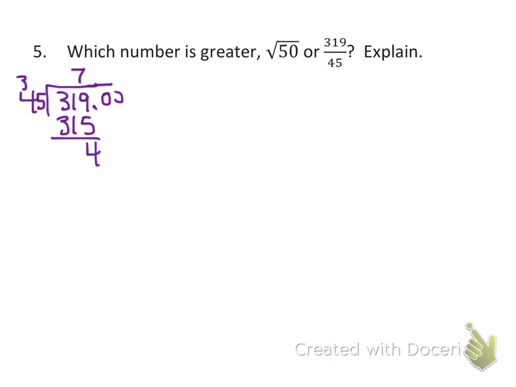I carry out this decimal. My next digit's going to be 0 because there's no 45s in 40. So the digit after that is less than 10. We'll try 8. Now I know this is either going to come out even at some point or repeat.